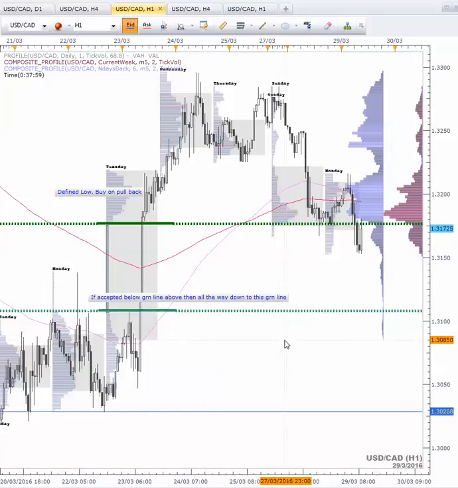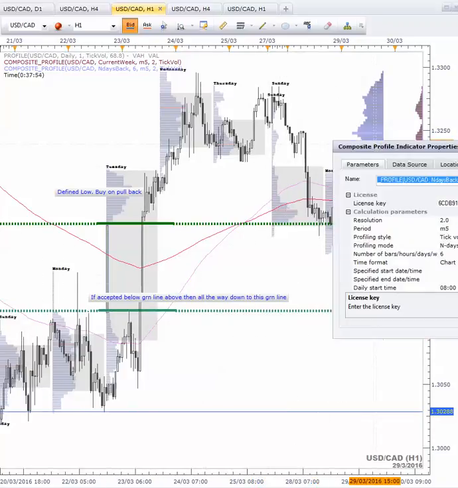On the daily, I've got this composite one here that's showing the last 6 trading days.